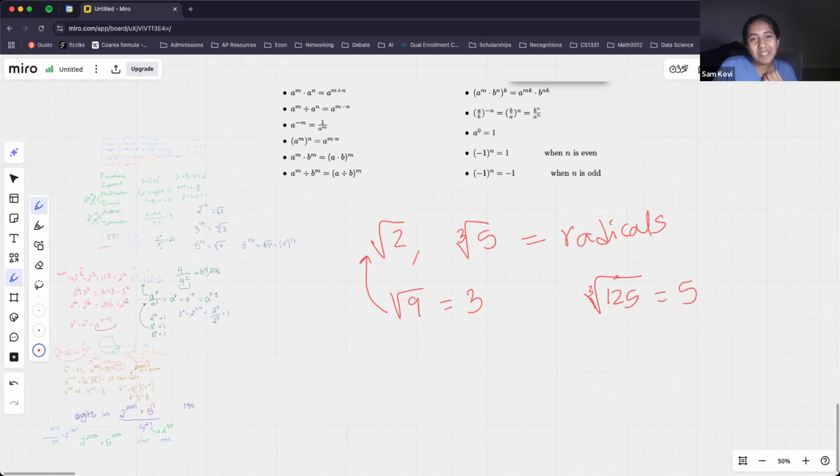So let's talk a little bit about some properties of radicals. The nice thing is you guys have already dealt with a lot of exponent rules. So radical rules really just repurpose exponent rules because all the radicals can be expressed in terms of a fractional exponent. To start off, let's say I have the square root of a times the square root of b. Can you guys predict what this might be equal to in terms of a and b?